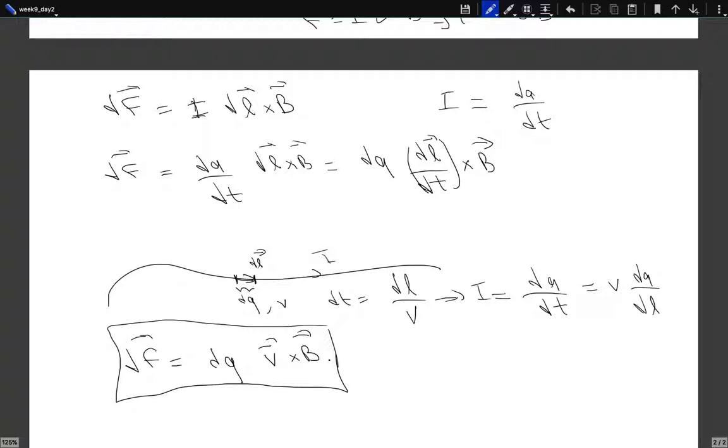So the force acting on the wire is the total number of charges multiplied by the velocity of the charges, vector product with the magnetic field.